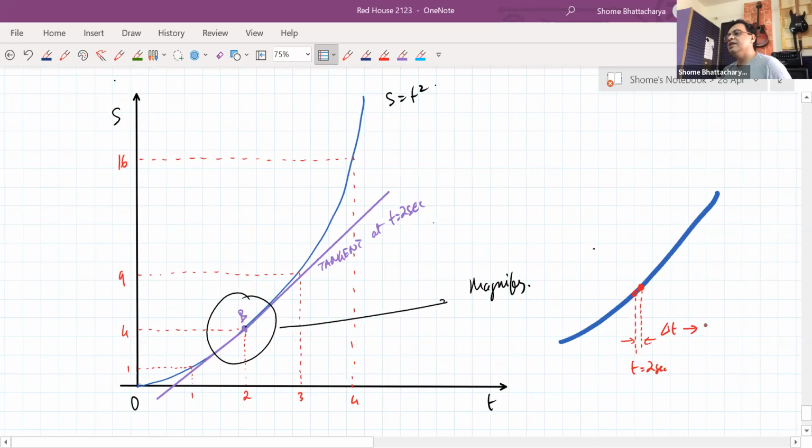So delta t is tending to 0. So this is the delta s during that time. Okay. And then we are joining these 2 points with the straight line, which is nothing but the tangent line.